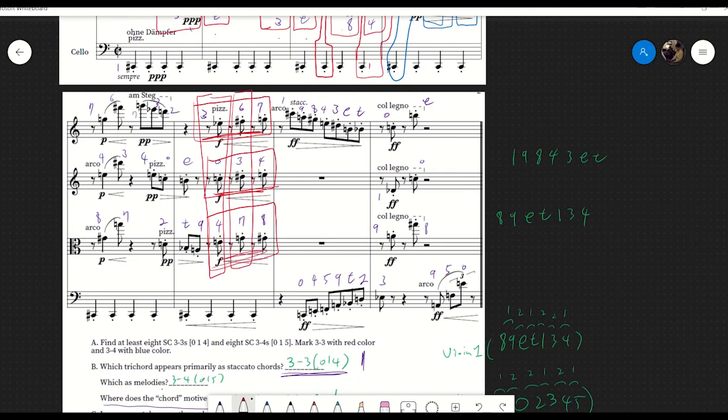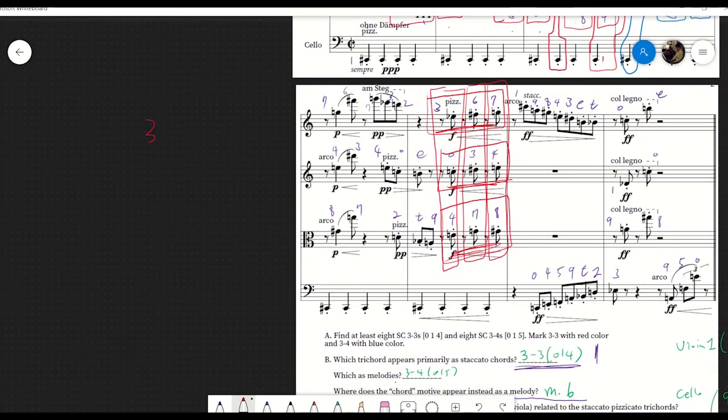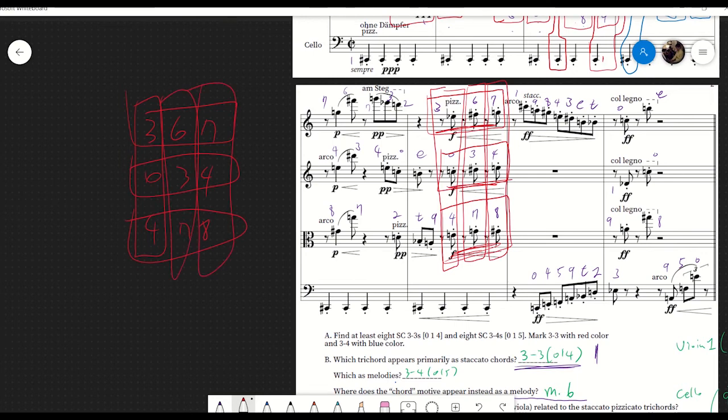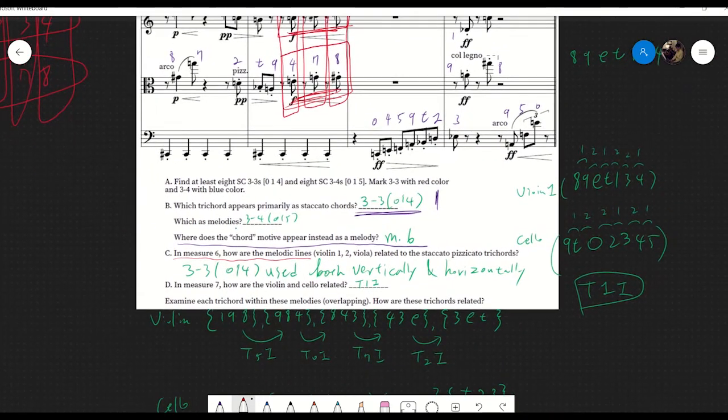We have 4-7-8 here, and 4-7-8 here as well. It's kind of what they call a magic square, right? We have 3-6-7, 0-3-4, 4-7-8. They do this, which is an interesting way to organize a trichord. When you hear this, you will probably be able to tell that it repeats the same type of chordal quality. Okay, so that's what happened.